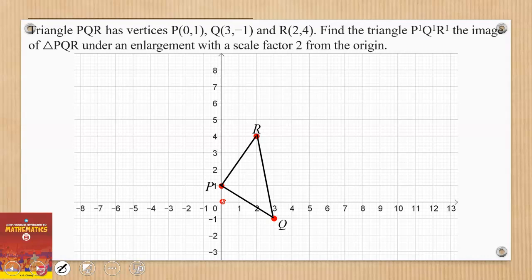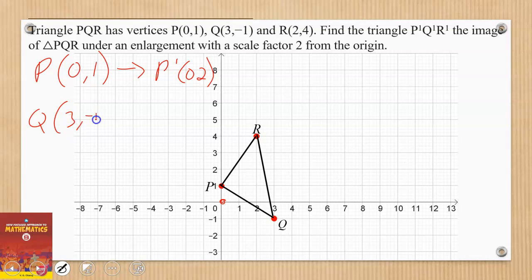Now we want to find the enlargement with a scale factor 2. If I have P and P is (0, 1), its image P prime becomes (0, 2). If I have Q and Q is (3, -1), its image Q prime will be (6, -2).